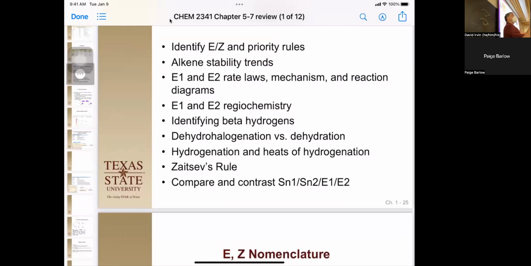The less substituted, the more reactive, the faster. Now, that also goes to the heats of hydrogenation with the catalyst system we use. If our catalyst is too strong, we will not stop at an alkene going from an alkyne. But if we poison our catalyst, knock down the reactivity just a little bit, we'll get that to happen.